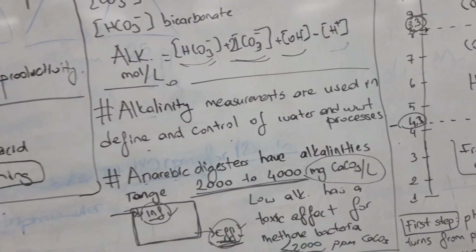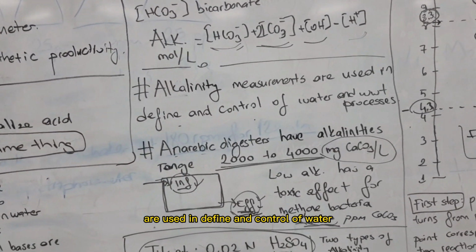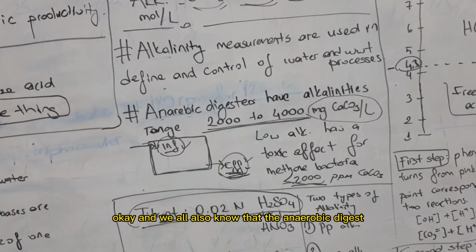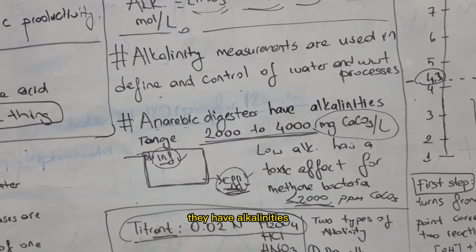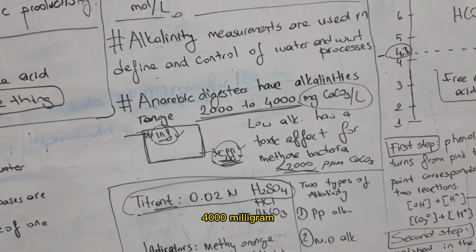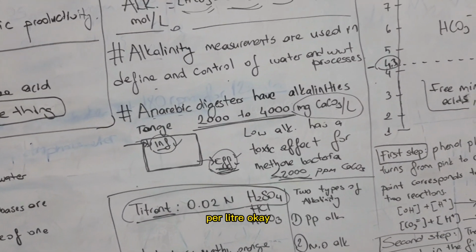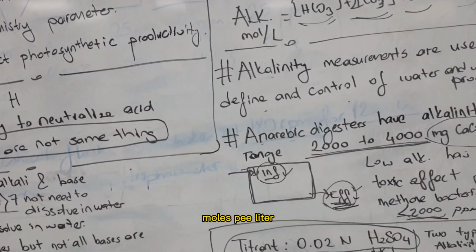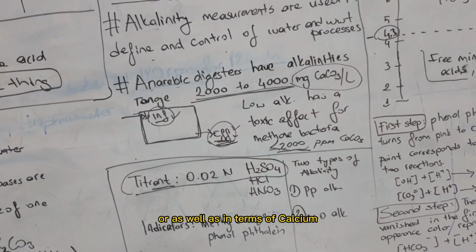Alkalinity measurements are used in the control of water and wastewater processes. We also know that anaerobic digesters have alkalinities in the range of 2000 to 4000 milligram calcium carbonate per liter. Alkalinity can be expressed in moles per liter as well as on the calcium carbonate scale.